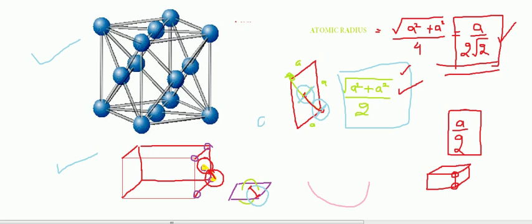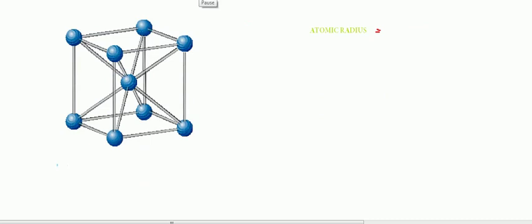How about atomic radius in case of body centered? This is a body centered cubic cell. What happens in a body centered cell is, you have this particular cube, and you have atoms at the corners, and you have one particular atom at the center.